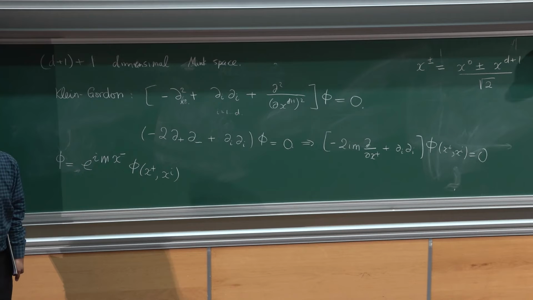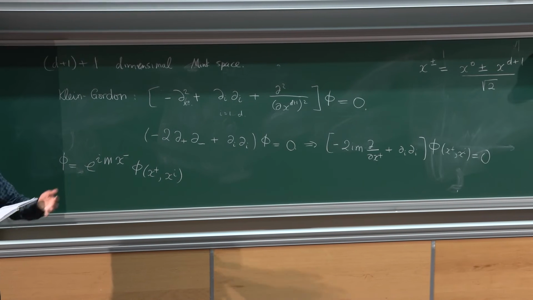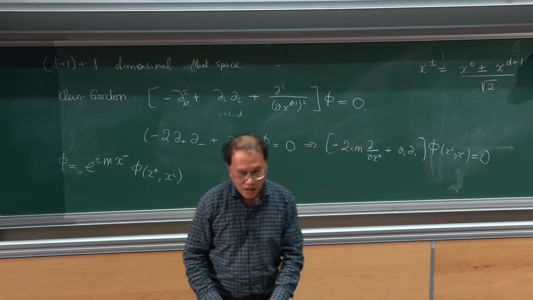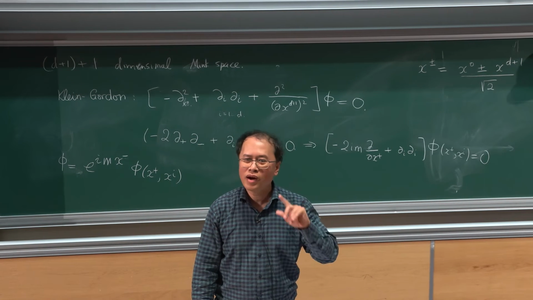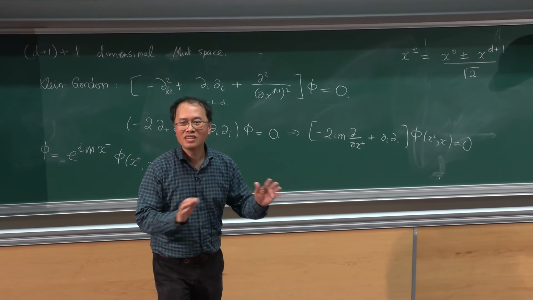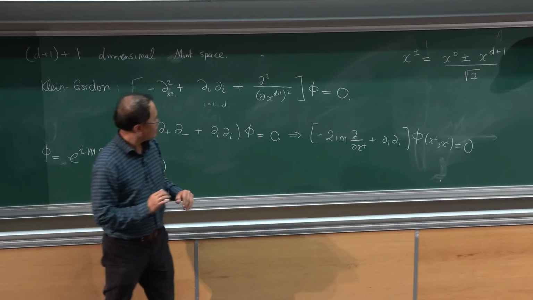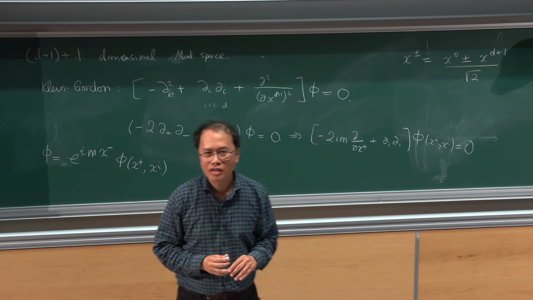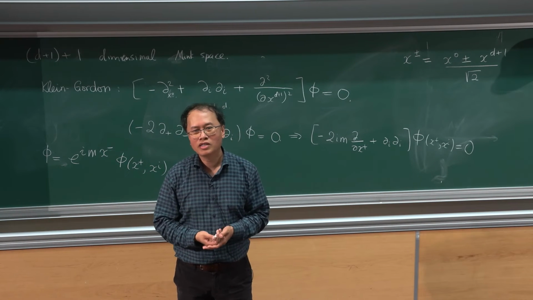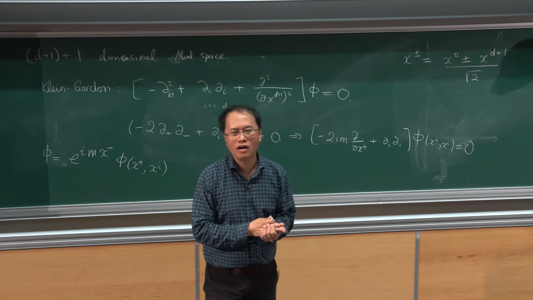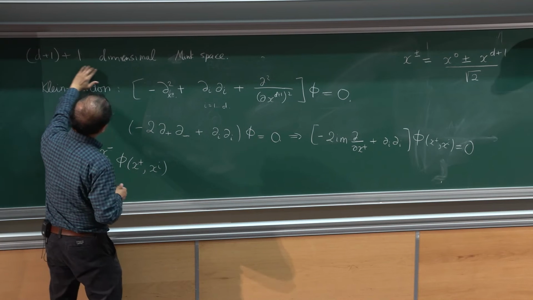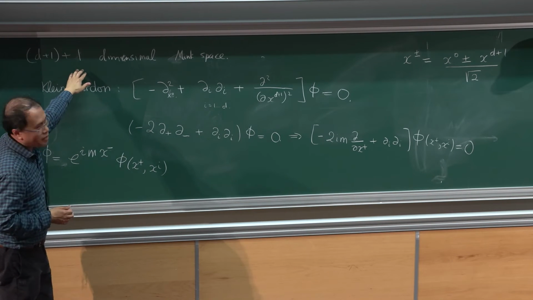So if I search for solutions to the relativistic Klein-Gordon equation, fixing one light cone momentum to be m, the mass, then this equation that I got is the Schrödinger equation, which suggests that one can get the Schrödinger algebra of transformation by doing the following operation onto the algebra of conformal symmetry in d plus 1 dimension.